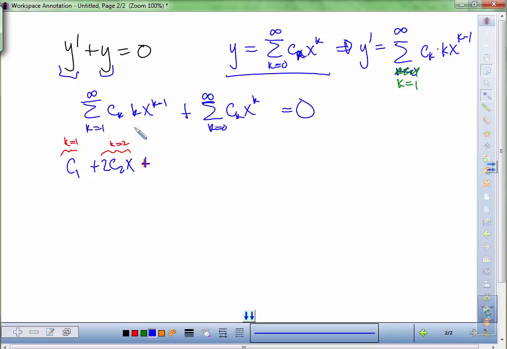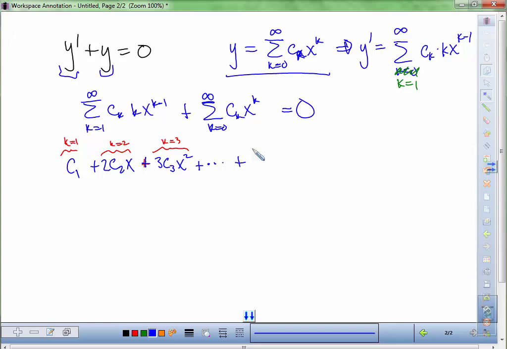And then k is equal to 3, I'll have 3c_3 x to the second power, x to the 3 minus 1. So we can get a feel for how that's going to work out.